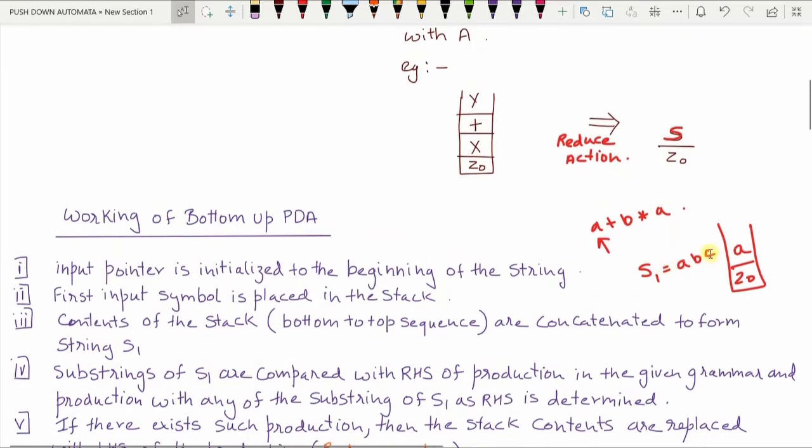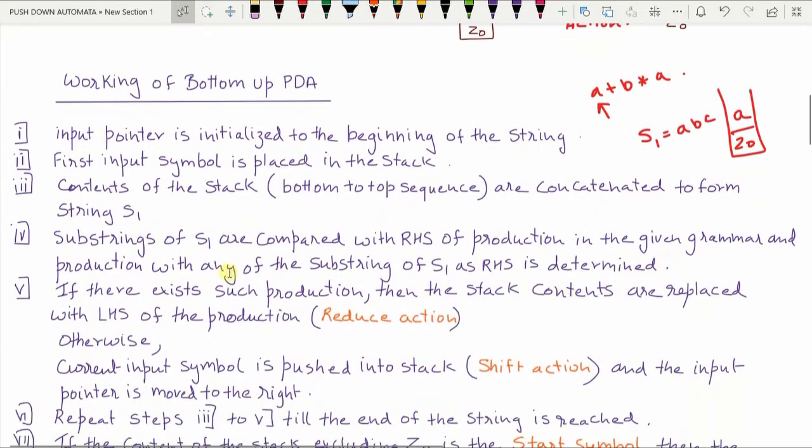What are the substrings of ABC? First you get only C, one substring, then BC, second substring, then ABC, third substring, and then only A, fourth substring.